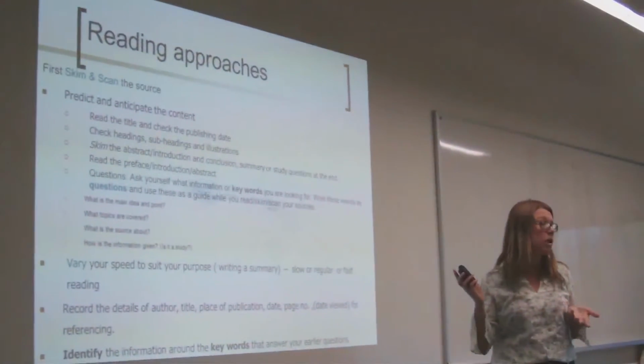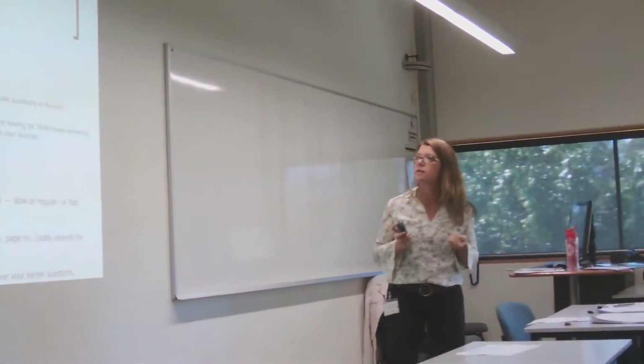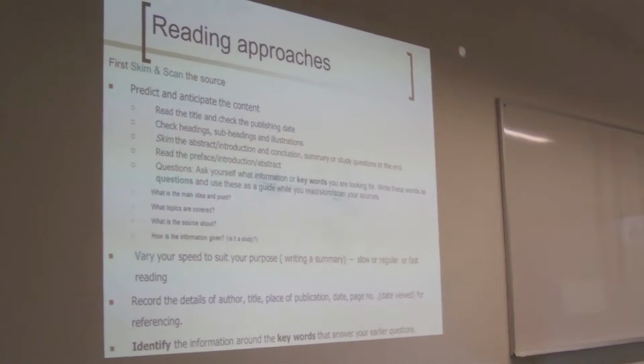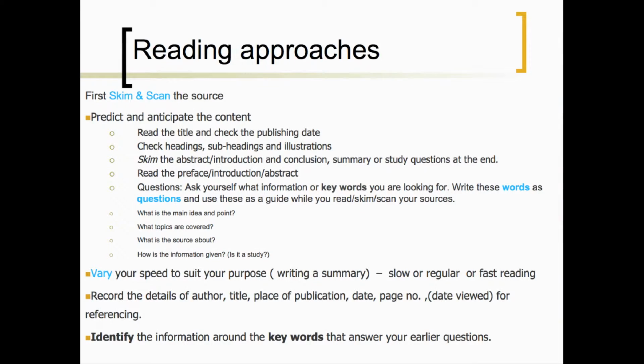This approach we apply to many forms of reading, not just this task. We teach this as a generic skill approach. The first thing is to skim and scan a source. I've always taught my students to do this, even with their textbook readings.